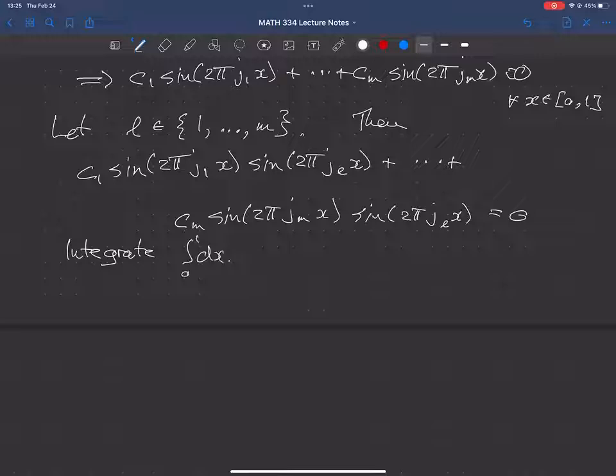Here I'm going to be integrating the product of these sine functions, and we're going to use a fact about that integral. You can do that integral yourself, of course. You know tricks for doing integrals, so use those tricks.